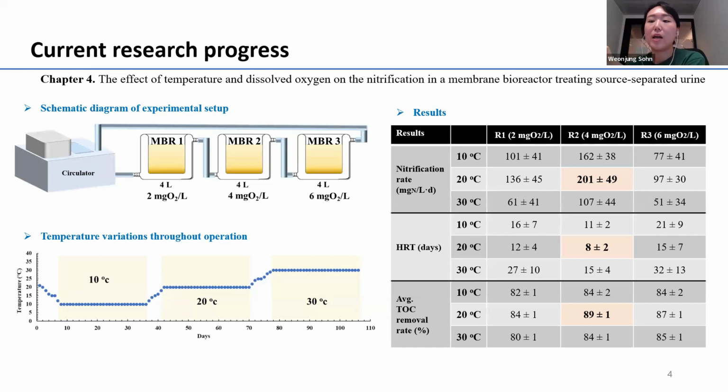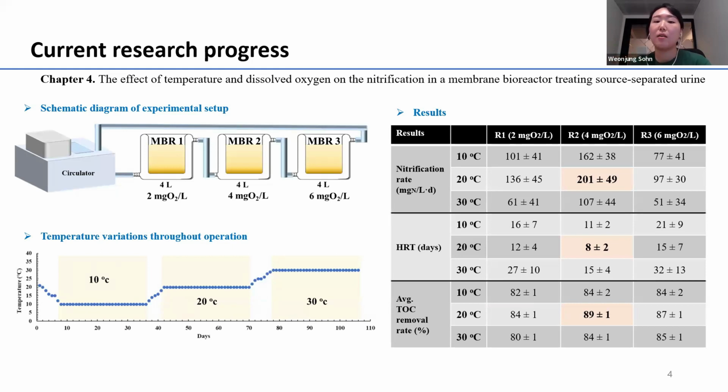So that's why nitrification can be affected. Initially, my research expectation was that at 30 degrees nitrification would be more active and the nitrification rate should be higher or HRT could be reduced.